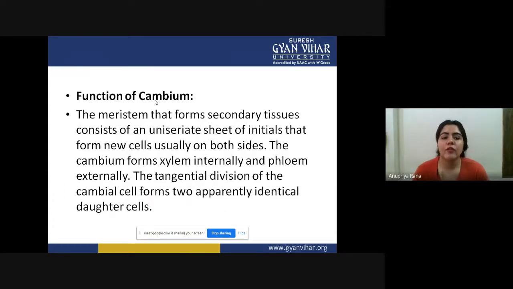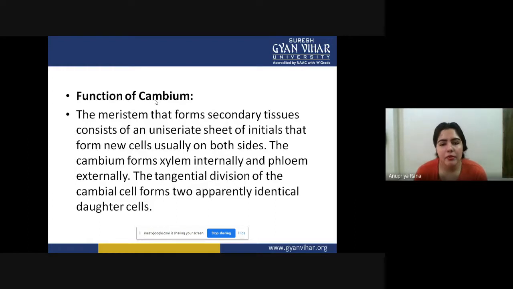Now we will see the function of cambium, how the cambium functions. The majority of its function is all about secondary growth. This is the major goal, or major motive, of the cambium: to form the secondary tissue, and we will see how they do that.